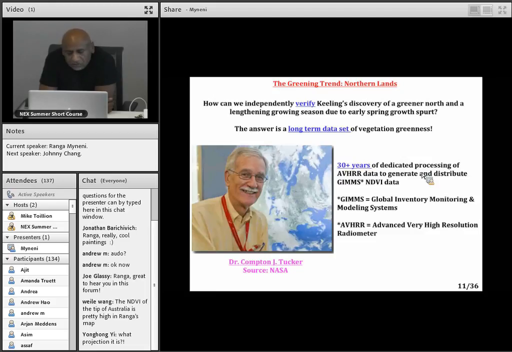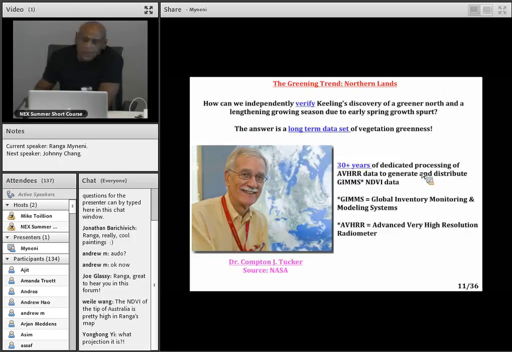I do want to emphasize that it is very difficult to dedicatedly produce these data sets over so many years because of the vagaries of funding and various other constraints. So these people are to be commended for making these data sets available with no breaks in them, and for continuing to produce and refine them.